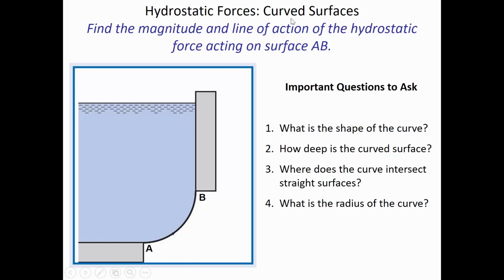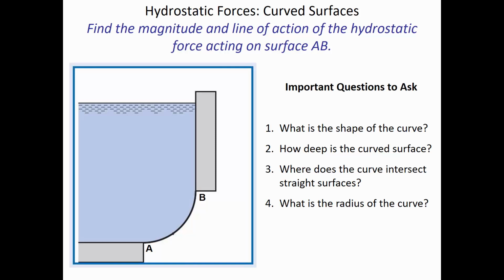And so in order to do that, some of the things we have to consider when we have a drawing of this curved surface that we're trying to find the forces on: What is its shape? What does it actually look like in 3 dimensions? Now it seems obvious here because it's just a curved gate. But sometimes we'll have hemispheres, so that if you look at it from the front, it just looks like a circle.